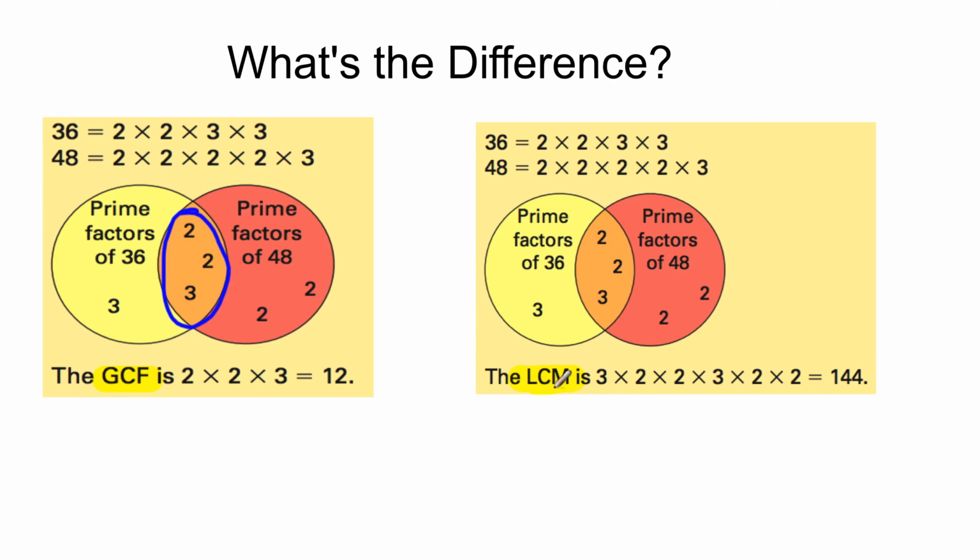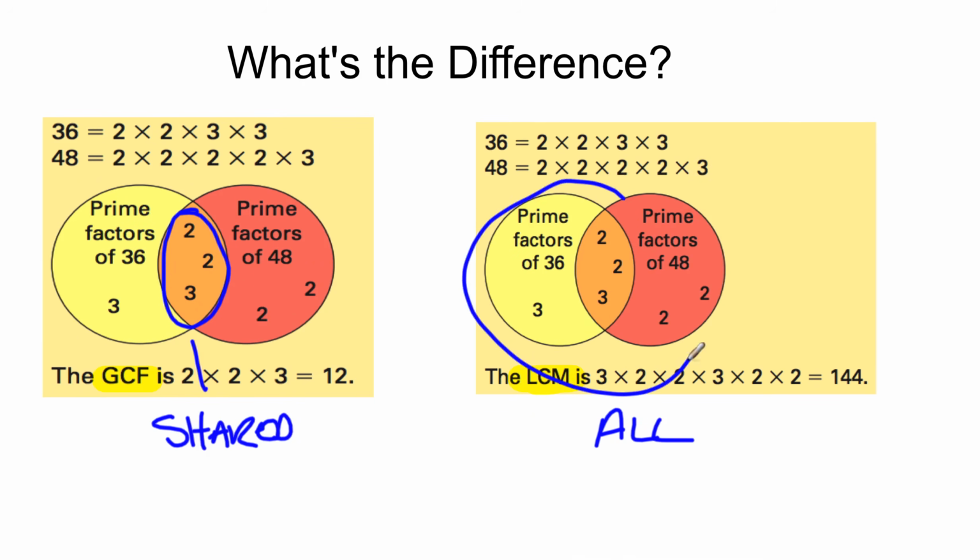For the lowest common multiple, you're using all the numbers, and these numbers are shared. That's what I'm talking about there, and that's what I'm talking about right here. So that's in a nutshell what's going on for this lesson.